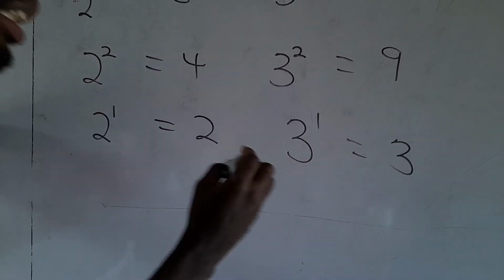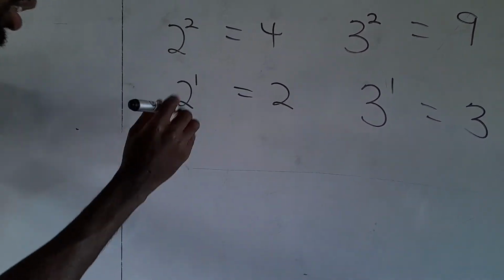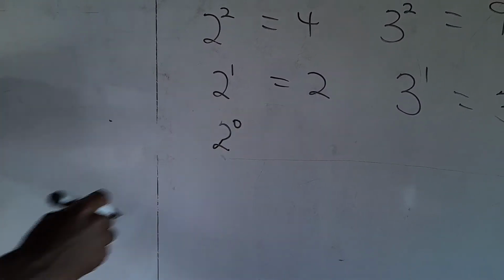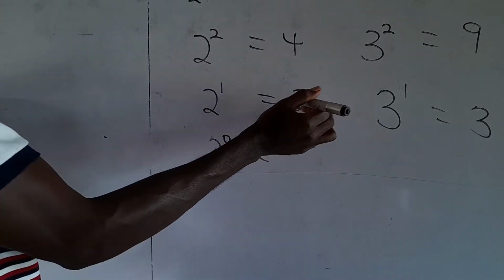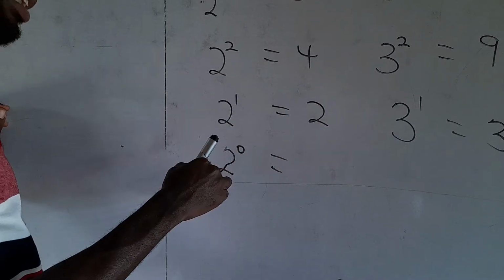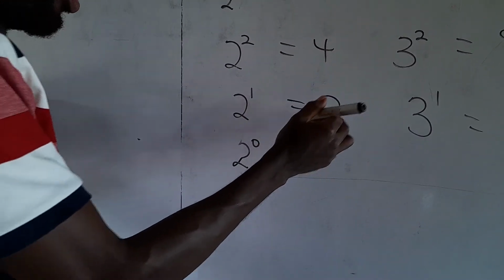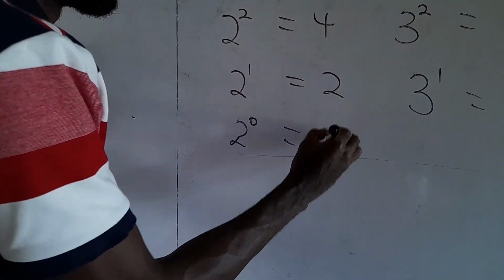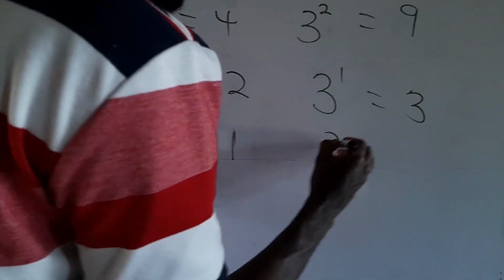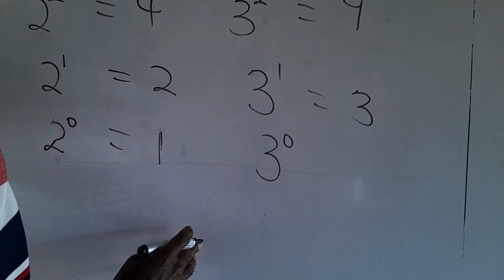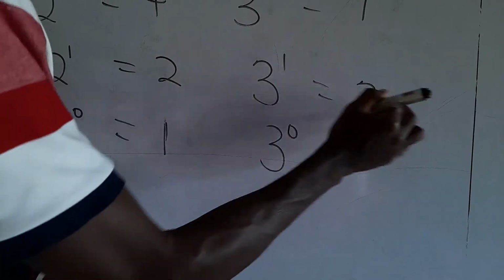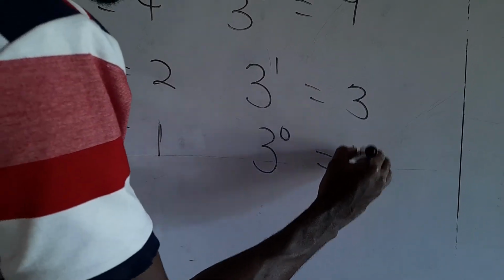Now, the same thing applies to the first one. If I need 2 exponent 0, what value? I'll just divide the previous answer by the base. So 2 divided by 2, that will be 1. The same way, if I need 3 exponent 0, I'll divide this answer here by the base. 3 divided by 3 is 1.